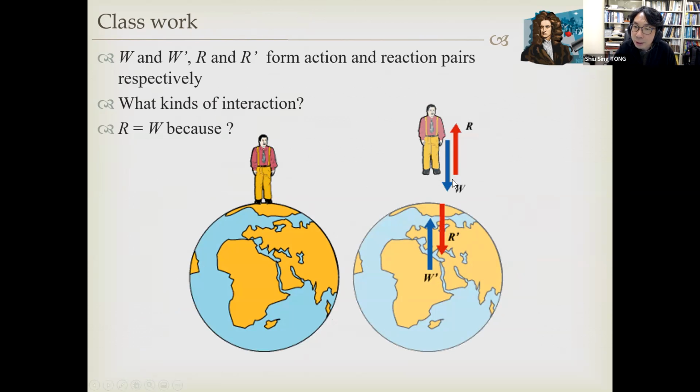Which two forces are action and reaction pairs? You should be able to identify two pairs of action and reaction, and the other forces will be equal by Newton's second law, right? So what are they? Anybody answer me?